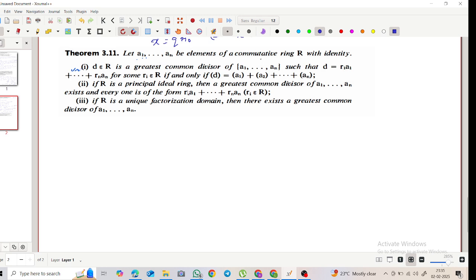So if d is the greatest common divisor, okay, so d is the greatest common divisor.